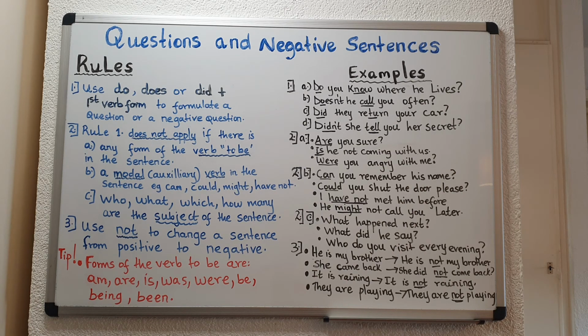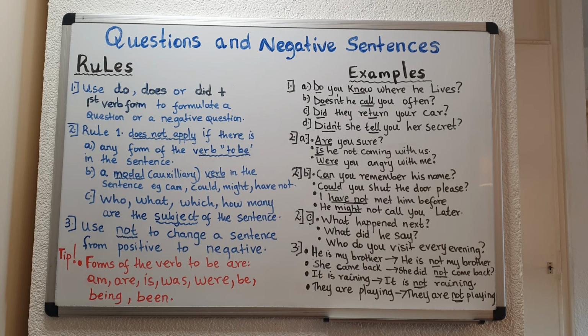Look at examples 3 on the right. He is my brother. He is not my brother. So I'm changing the sentence, he is my brother, to a negative sentence by saying he is not my brother. She came back. She did not come back.